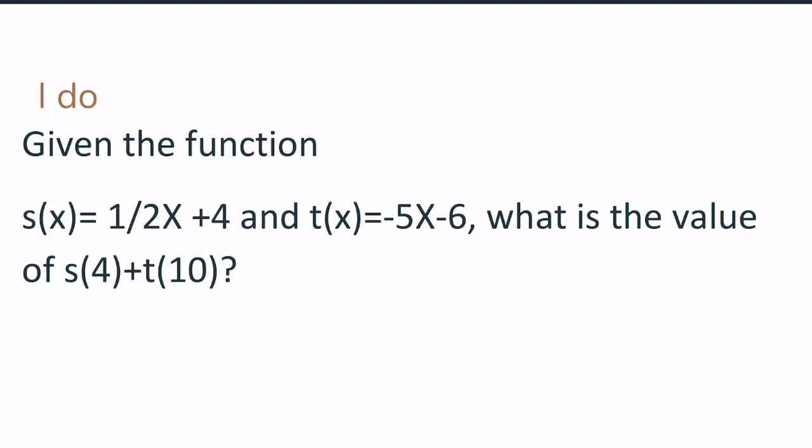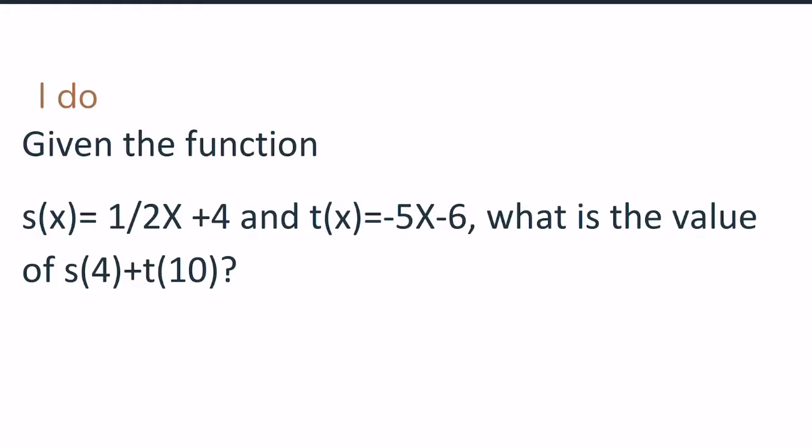So if we're looking at this right here, it says given the function s of x equals 1 half x plus 4 and t of x equals negative 5x minus 6, what is the value of s of 4 plus t of 10? So that s function, what would happen if the input was 4?